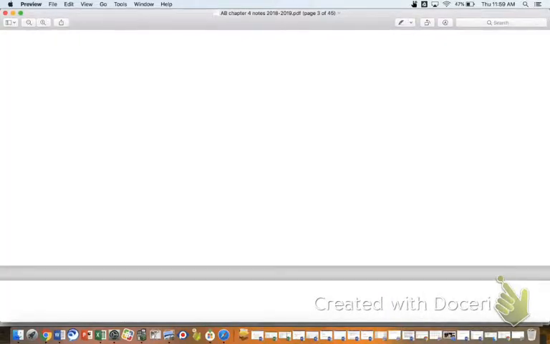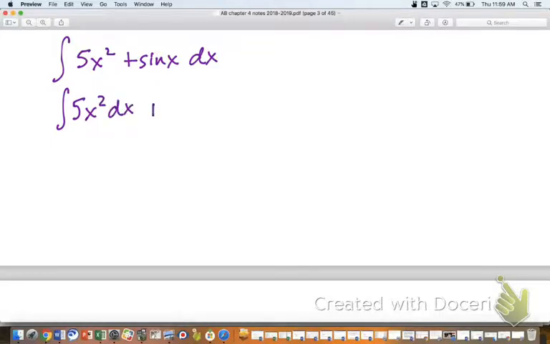Antiderivative of 5x squared plus sine x dx. Okay, so Dan, if I misspeak at all, you let me know, but I think this is what his question was. Dan said, hey, I'm comfortable with this, and let's make sure that you guys are comfortable with this also. Am I right?